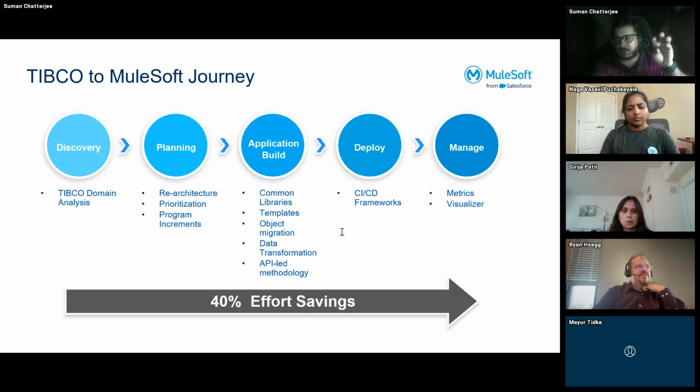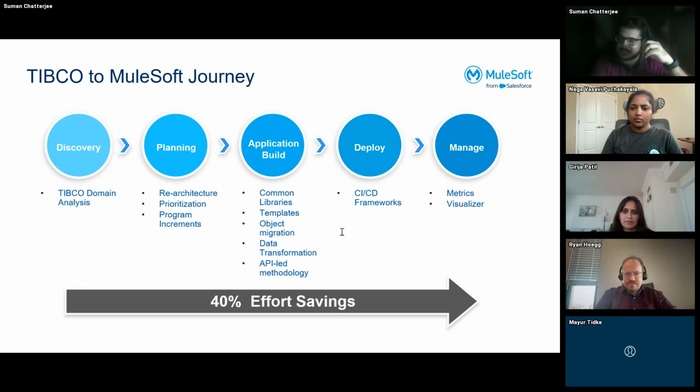Again, I would reiterate over here, if you're planning to migrate your applications from Tibco to MuleSoft, work with the customer, have them go in for a re-architecture rather than a like-for-like migration. I just can't stop myself from saying, the more you do lift and shift, the more technical debt you take from your current ecosystem and push it to your new ecosystem.